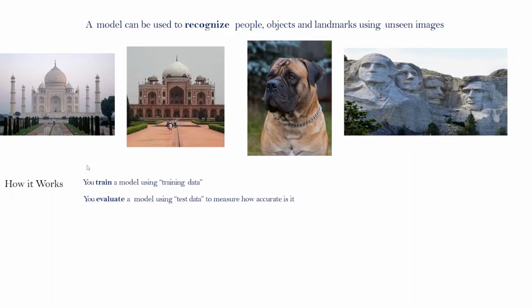You check whether it is giving the correct results, whether it is still able to understand that it is the Taj Mahal. So you need to evaluate, and if you think it has started giving accurate results, you can deploy it and give it to your end users. So this is actually how it works.